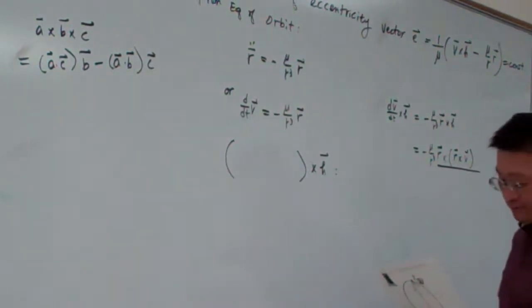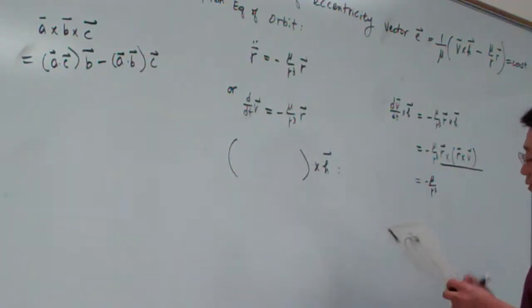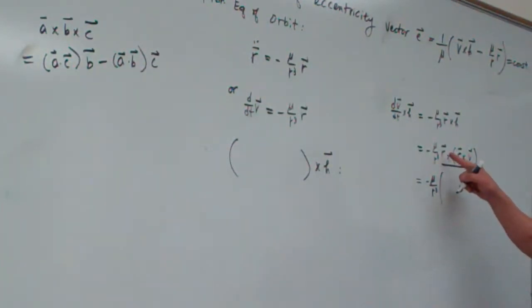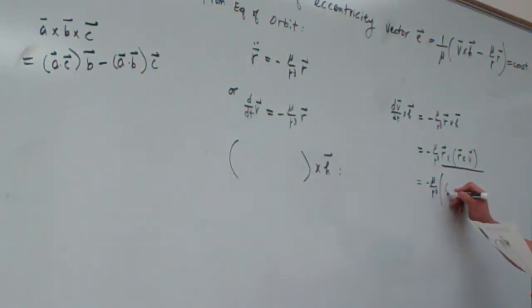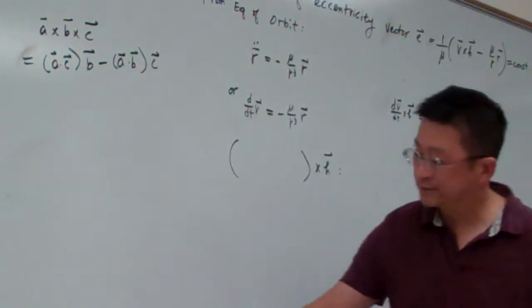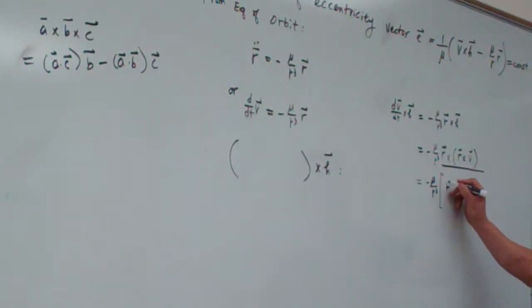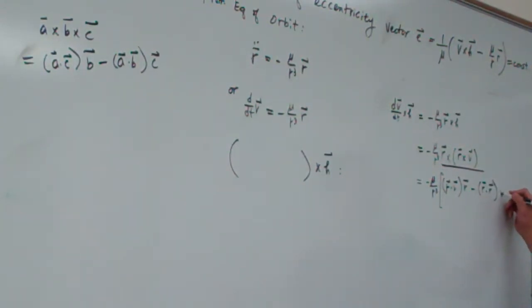This one is equal to minus mu over R cubed times, so this is A, B, C, and that is A dot C, with the B vector, minus A dot B with the C vector.